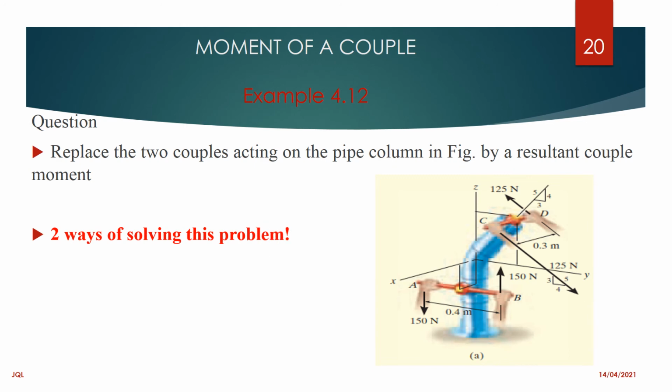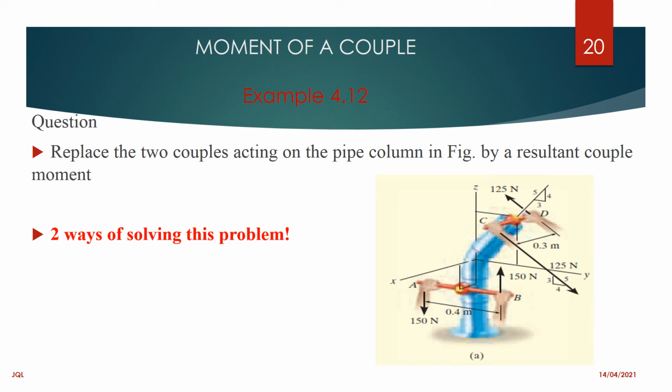Example 4-12. Replace the two couples acting on the pipe column by a resultant couple moment. Here you need to apply those tools on how to replace a couple moment to a couple force system.